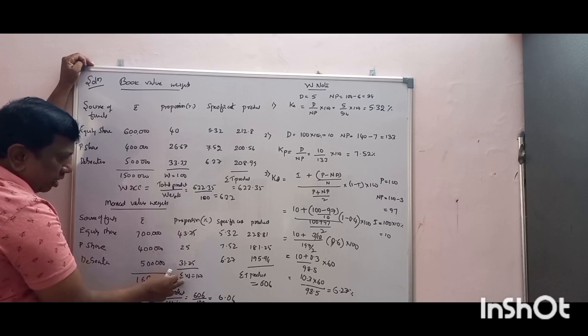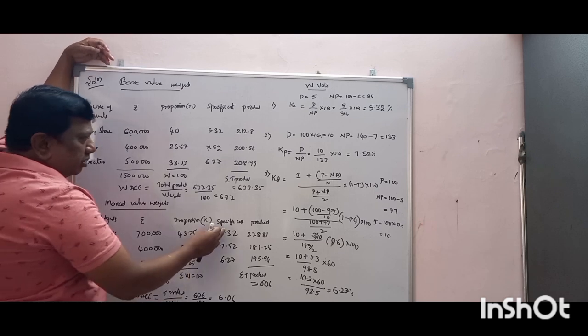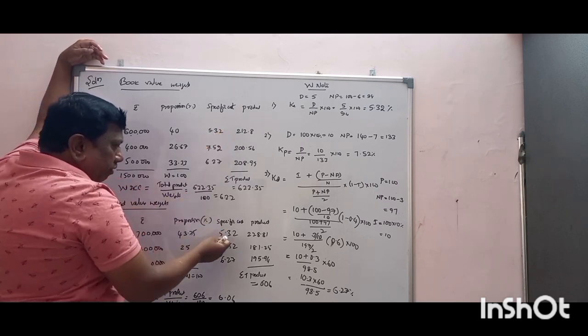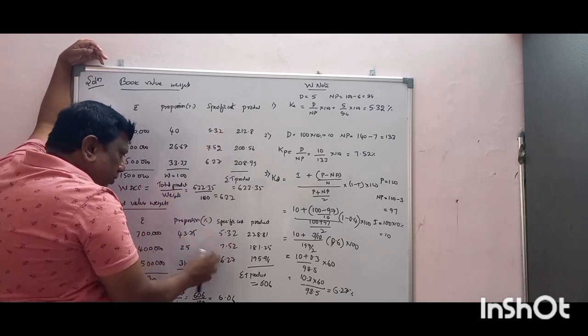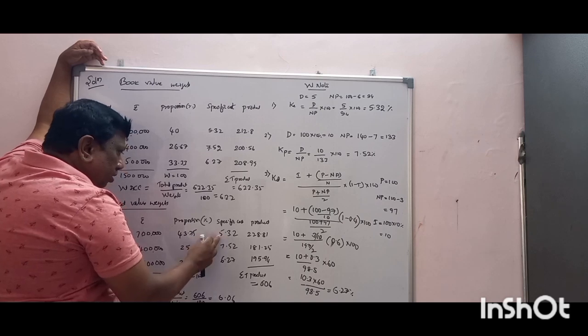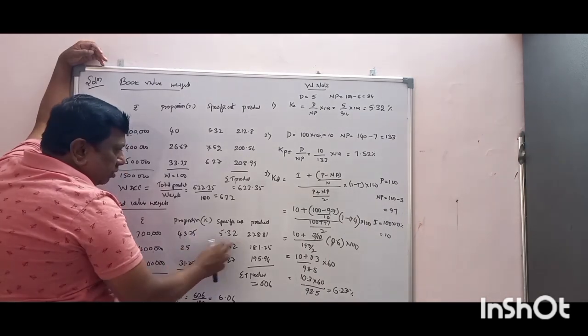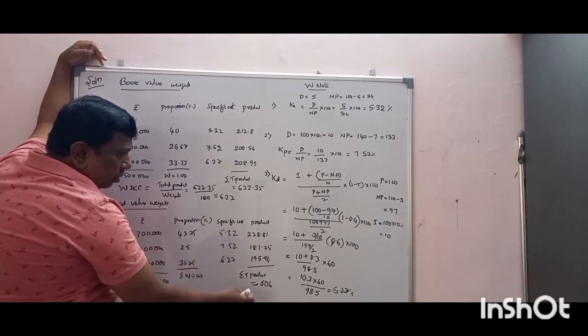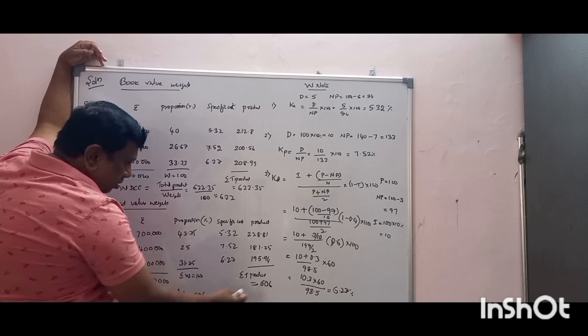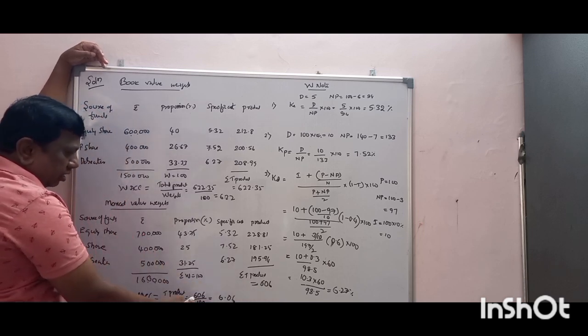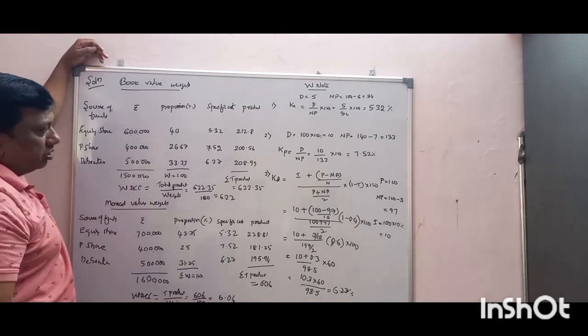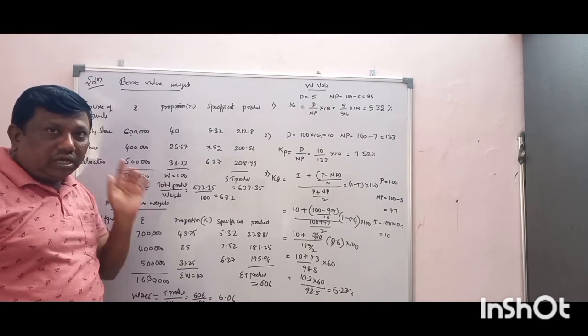So the total should be weights, always 100 only. The specific costs as they are: 5.32, 7.52, 6.27. Just multiply proportion into specific cost, and we'll get all these results. Total together 606. Again, if I divide by 100 weights, you get 6.06 as cost of capital.